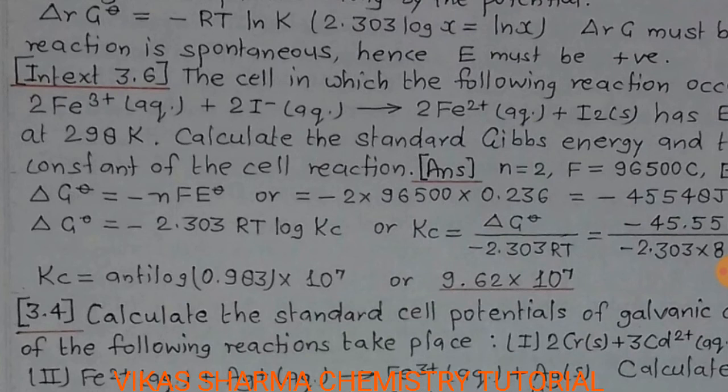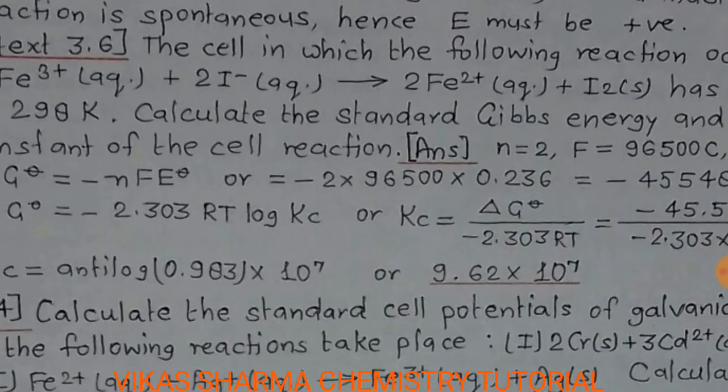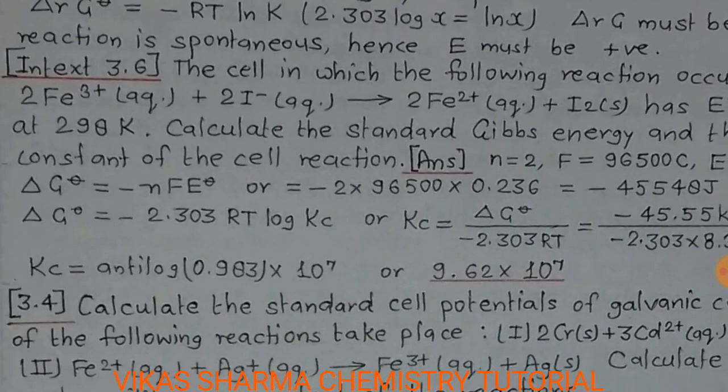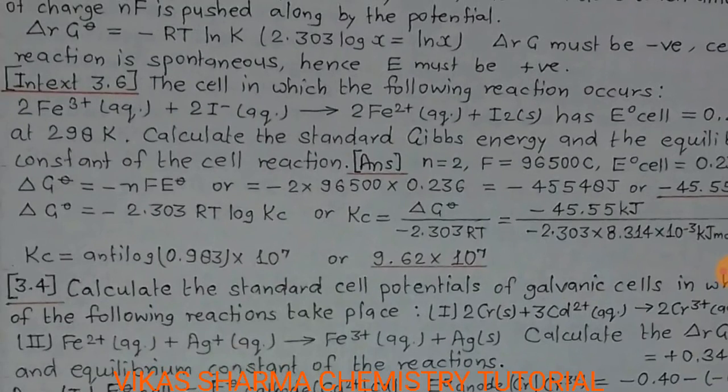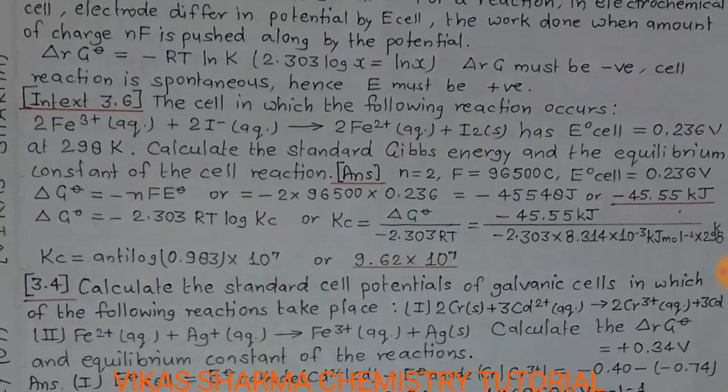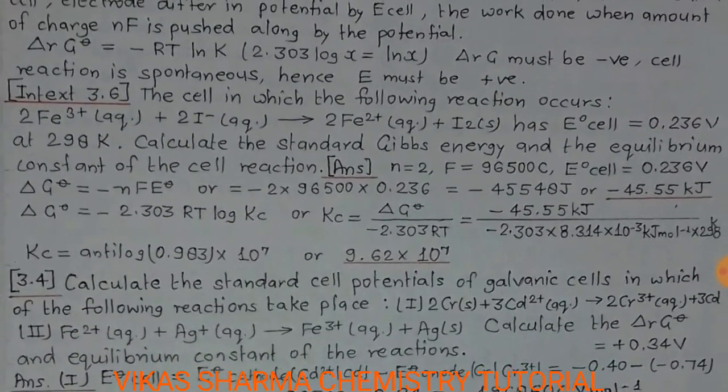So anti-log 0.983 into 10 to the power 7. In the anti-log table we see the value of 0.983, it is 9.62 into 10 to the power 7, which is the answer of this question. Always, in an equilibrium constant question, you must properly check the anti-log table, because the answer of this question is solved using the anti-log table.